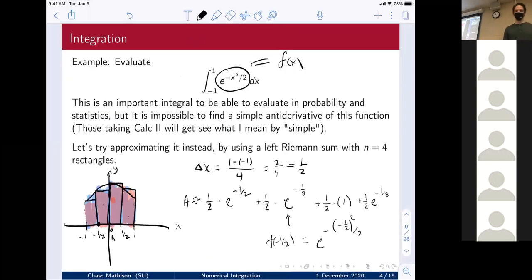So are there any questions about how we found this approximation here? This is something we've done before, and this is really where the definition of the integral comes from: first approximate the area under a curve with a bunch of rectangles, and then you let the number of rectangles go off to infinity, right?